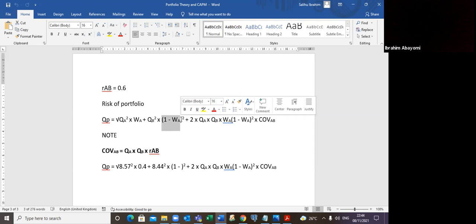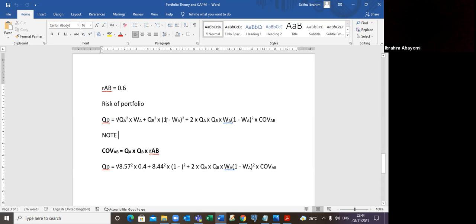Now, when we say 1 minus weight of A, it simply represents weight of B. Why?